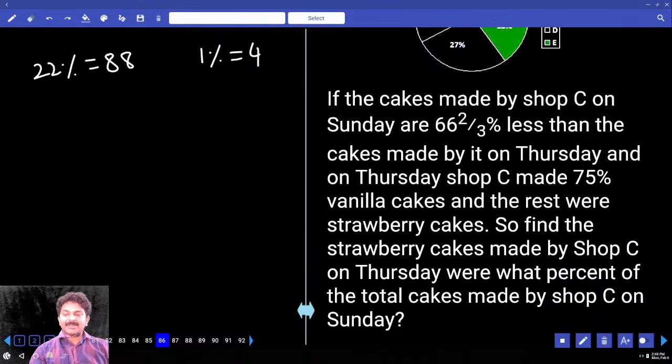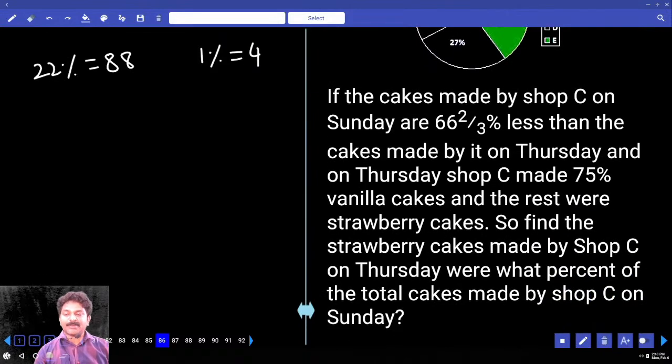If cakes made by shop C on Sunday are 66 2/3% less than cakes made by it on Thursday, and on Thursday shop C made 75% vanilla cakes and the rest were strawberry cakes, find the strawberry cakes made by shop C on Thursday as a percentage of the total cakes made by shop C on Sunday.